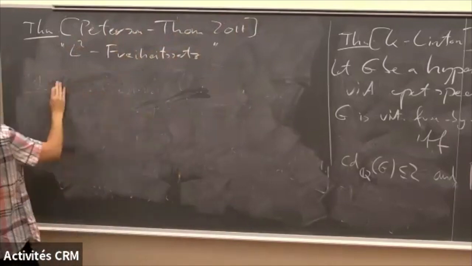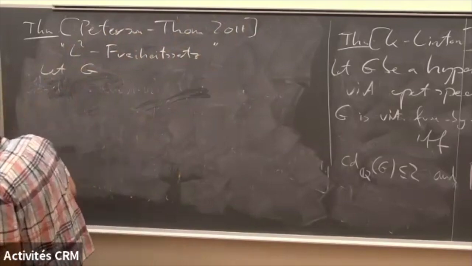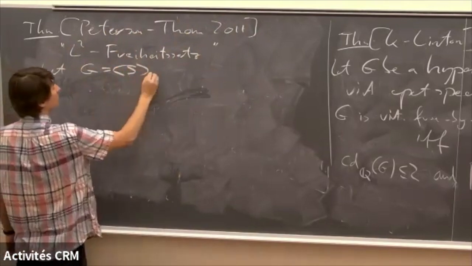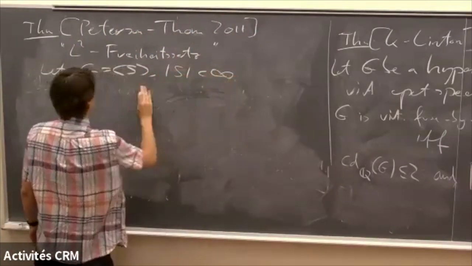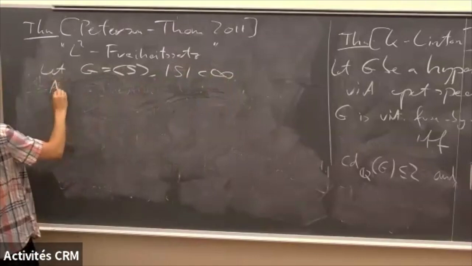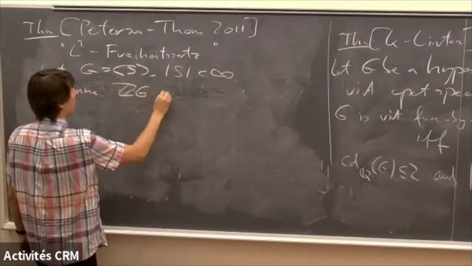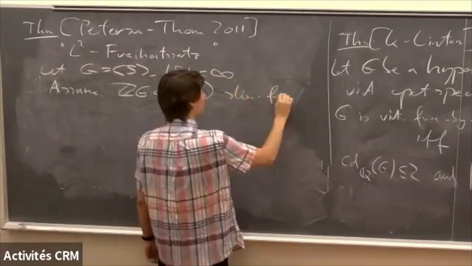So G is, I think, finitely generated. Yeah, let G be a finitely generated group generated by a set S. Okay, and assume that the group ring embeds in the skew field D. Okay, so that's the best assumption, you see.